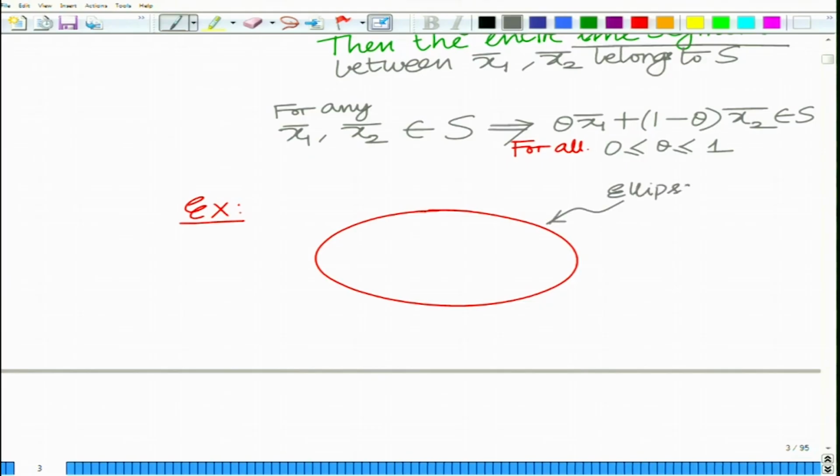This can be formally shown also, which we will show later. That is, you can choose any 2 points and you can check that the entire line segment joining the 2 points lies in the set. So, for any 2 points, the entire line segment is contained in the set.